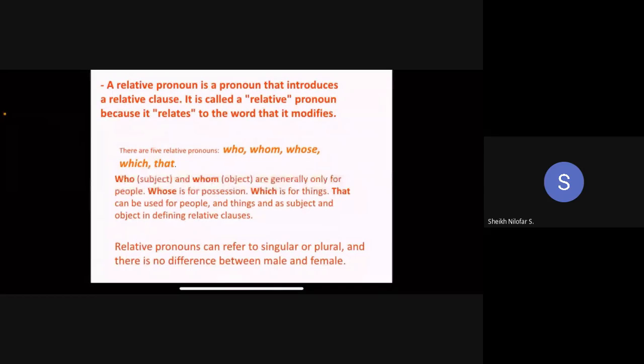In interrogative, you will say it at the beginning: Which book do you want? So it is interrogative. But if I say, I want the book which I gave you yesterday, then which is relative. So understood the difference, all of you? Yes, sir. Now understood.